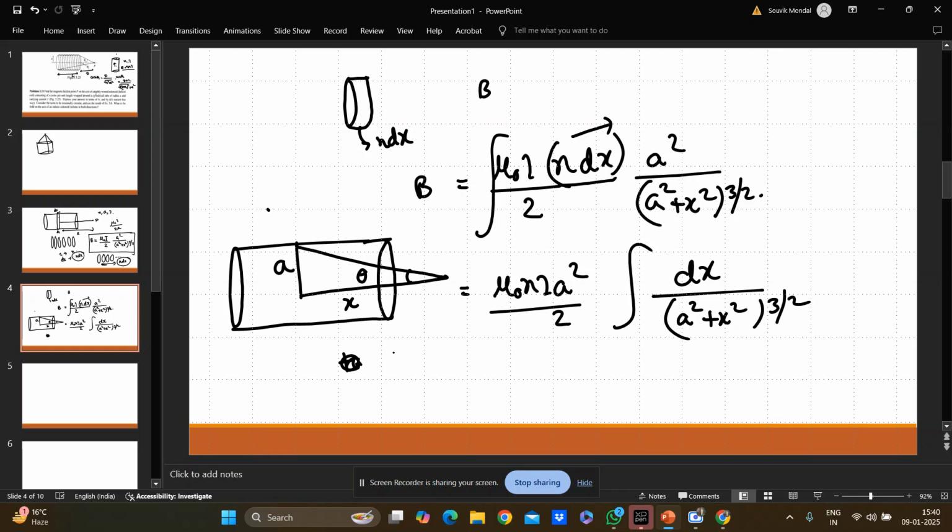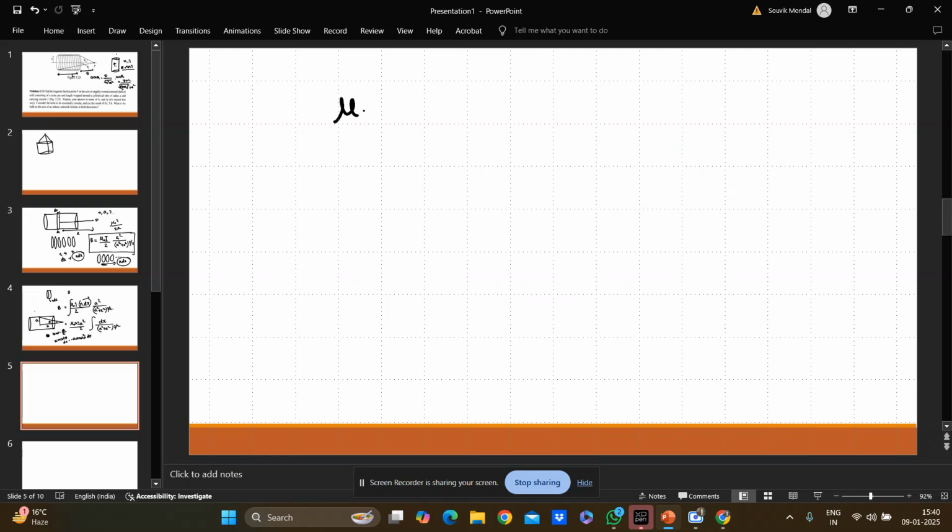Tan theta is equal to a by x. Okay, so x is equal to a cot theta. So your dx is equal to minus a cosec square theta d theta. This is your dx. Okay, so let's now substitute it.